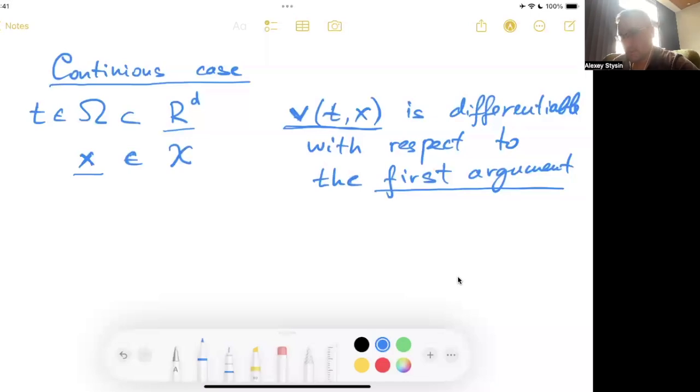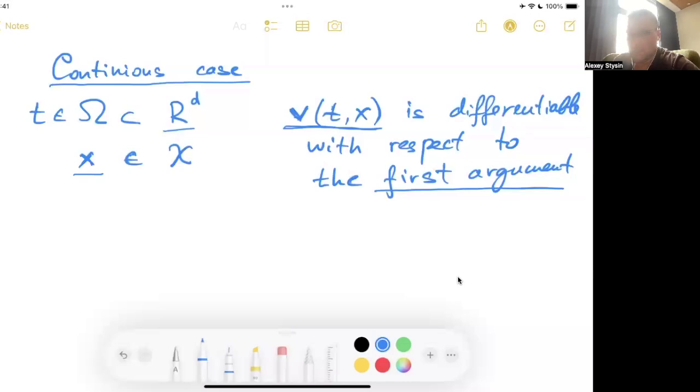The additional assumption that we are going to need is that the value function, which in the discrete case was just a table, in the continuous case is differentiable with respect to the first argument. Specifically, what does it mean if the second argument is just a set?